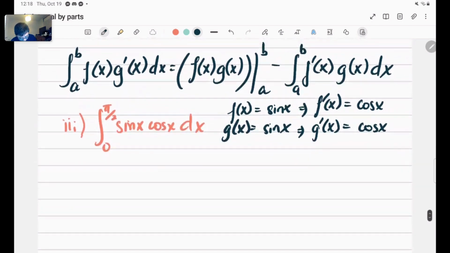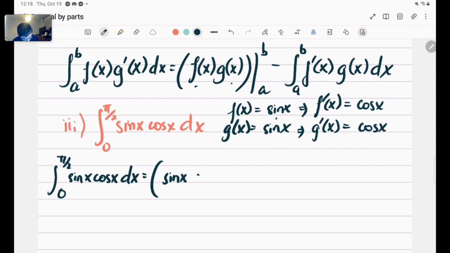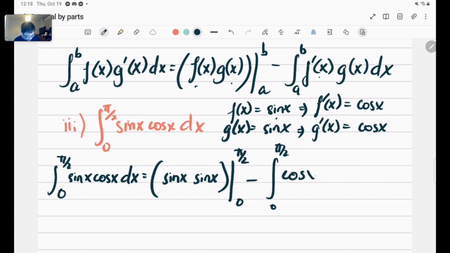Let me write this one again, for a particular reason. So this one is equal to f g, where f is sine x and g is another sine x, evaluated from 0 to pi by 2, minus the integral from 0 to pi by 2 of f prime, which is cosine x, times g of x, which is sine x, dx.